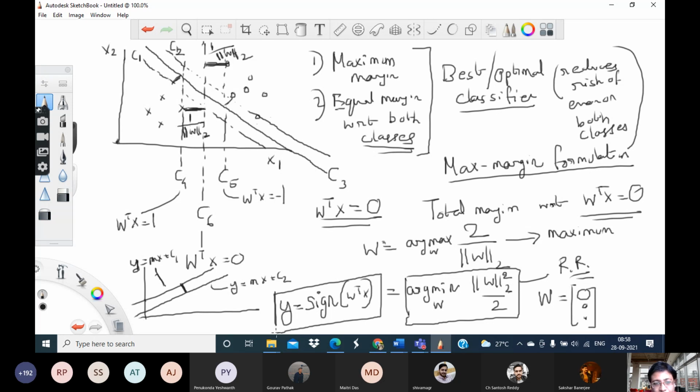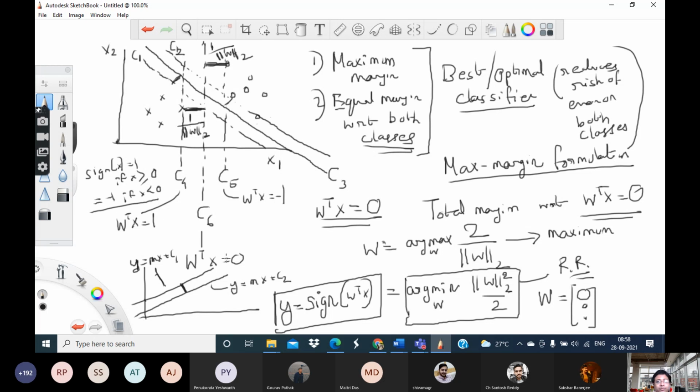Now, if W is the 0 vector, then as someone said, W transpose X for any point is always going to be 0, and I take sign of 0. I have defined the sign function such that sign of X is equal to 1 if X is greater than or equal to 0 and is equal to minus 1 if X is less than 0, right?